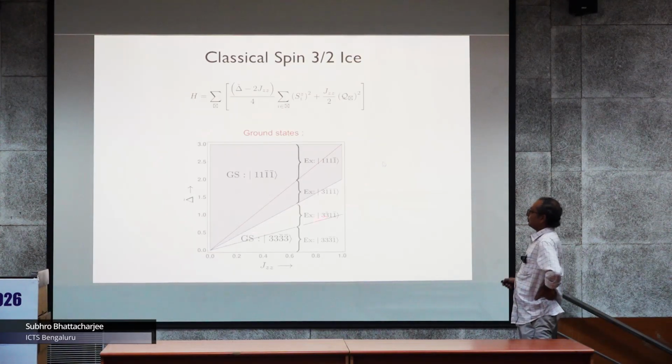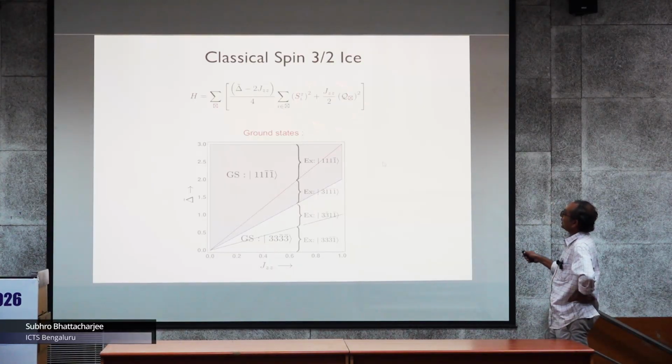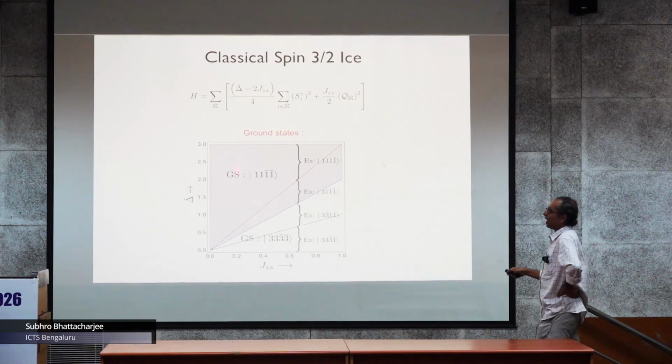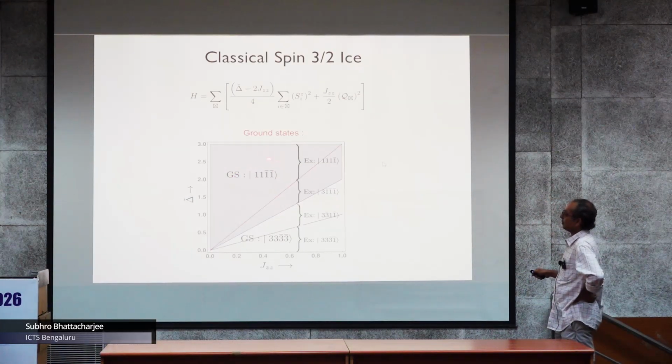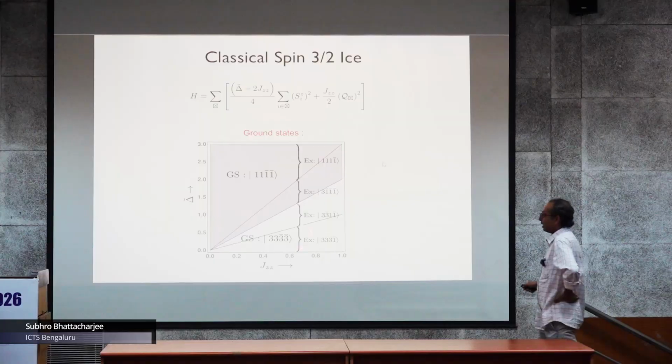Given that there are two energy scales, the first one controls the crystal field excitations, and the second one controls the magnetic monopoles. One finds that when the crystal field excitations dominate, one gets the regular spin ice. 1 and 1 bar basically is a shorthand for half and minus half, and 3 and 3 bar are shorthands for plus minus 3 half.